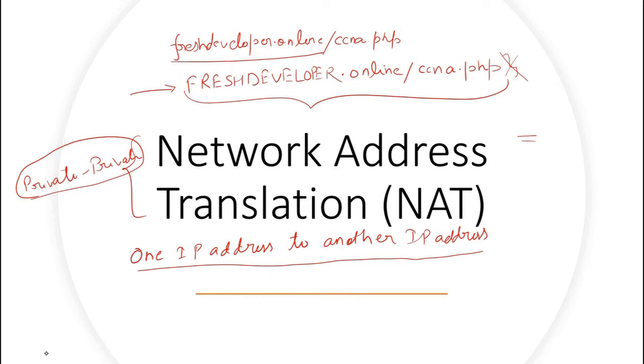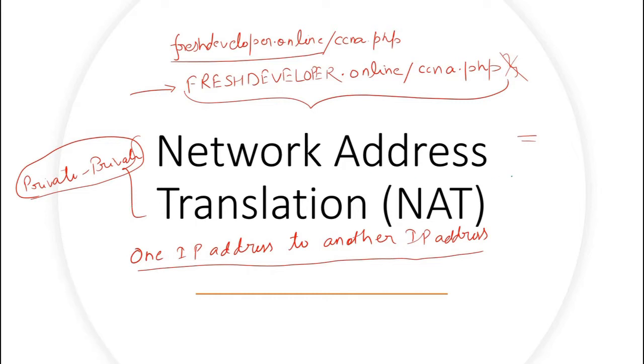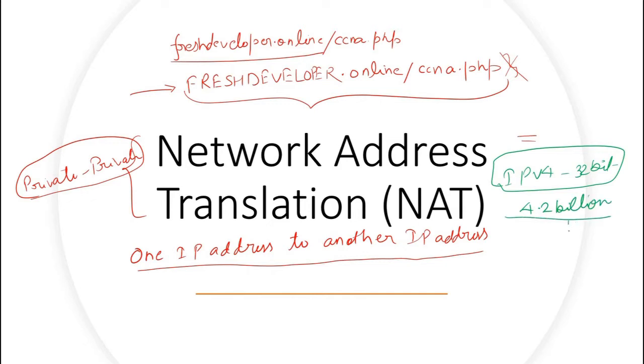What was happening is that in the IPv4 address, we have a 32-bit address. Now, if you calculate the total number of IP addresses using 32 bits, you will get around 4.2 billion IP addresses. How much? 4.2 billion IP addresses.